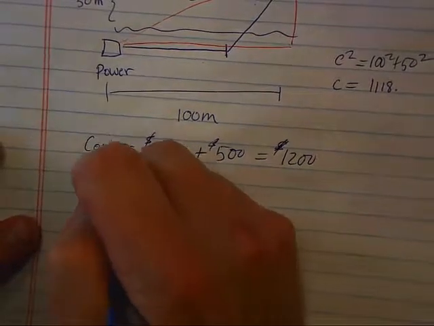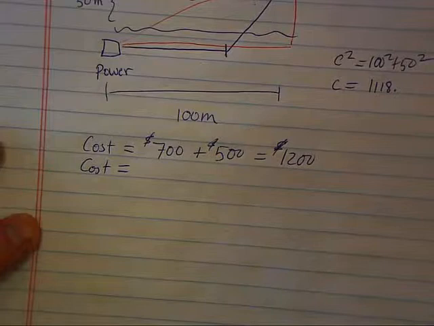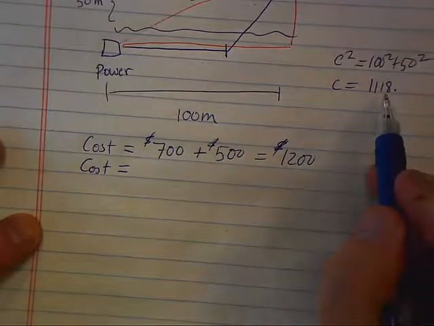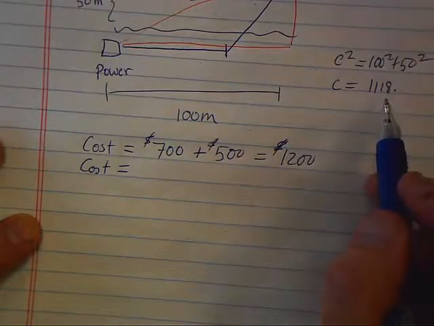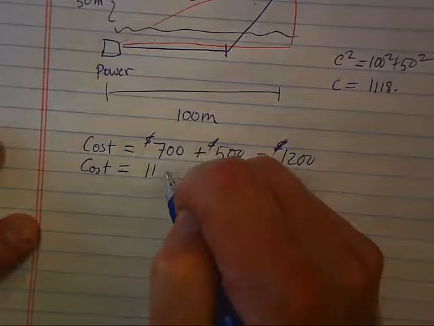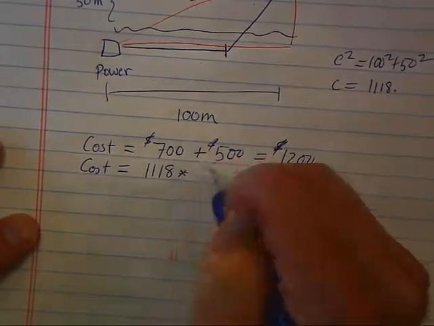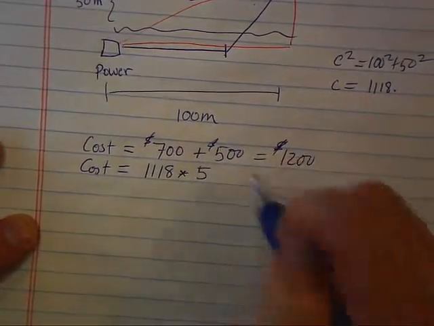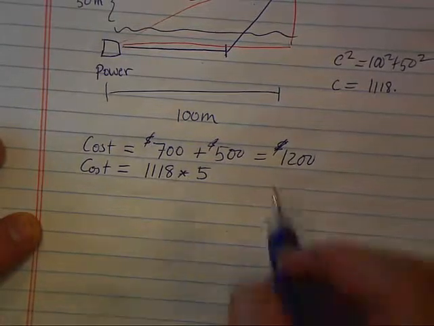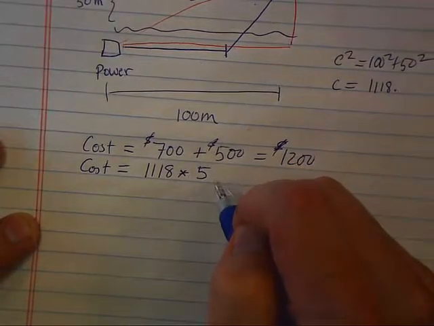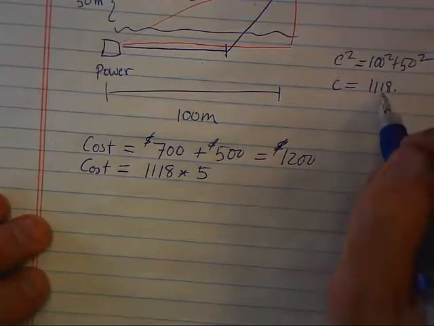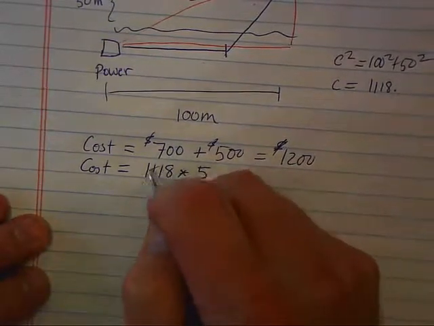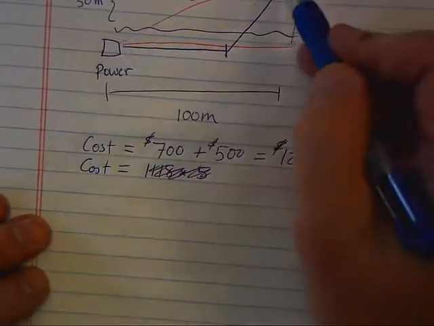Well, so what would the cost be? 111.803 is the length C itself, and since it's going across the river, you multiply that. Oh, I thought that was just the C distance, the length.